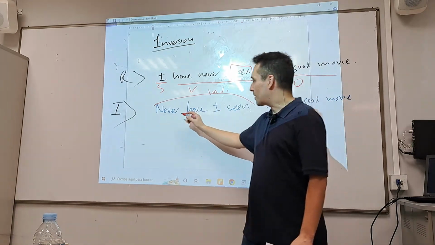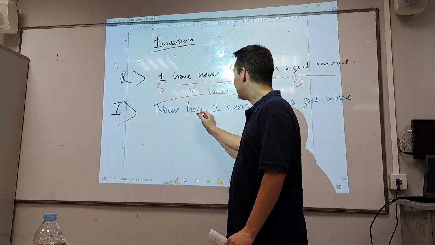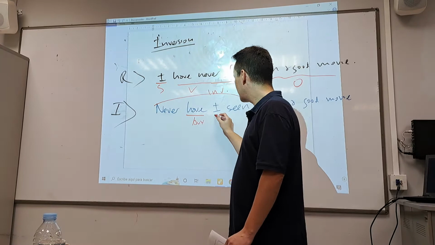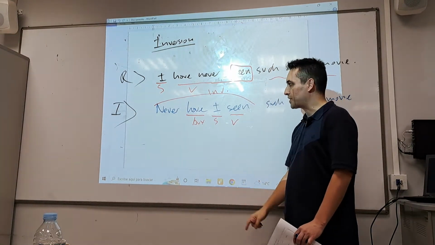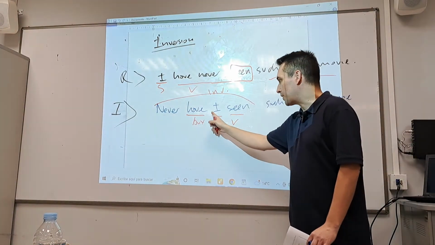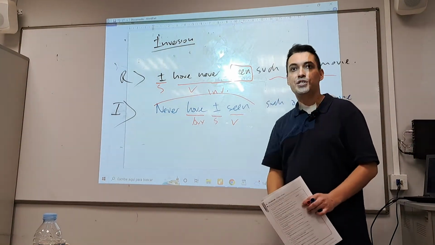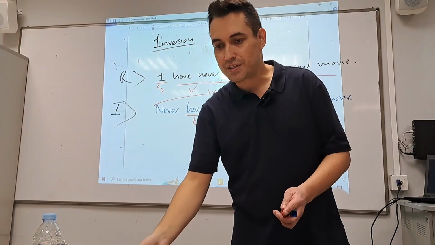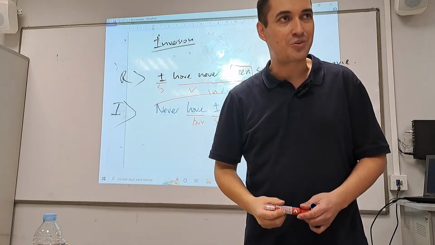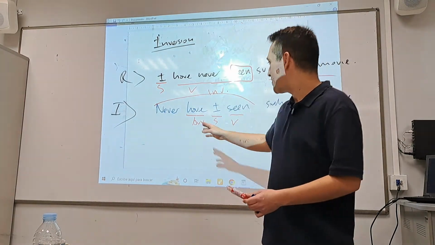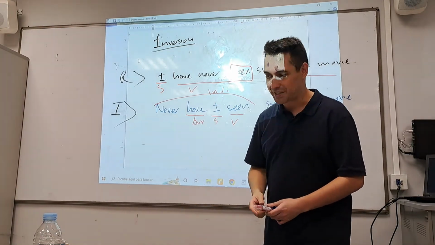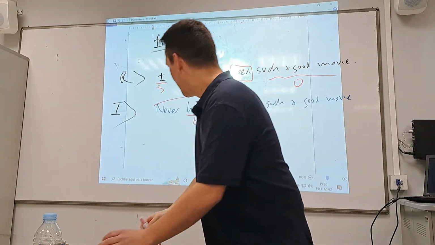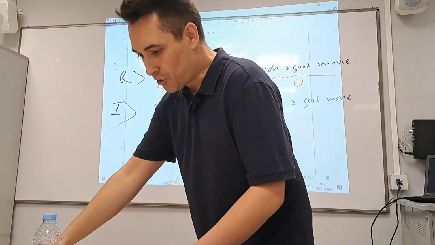What have we done here? Never have I seen. This is the auxiliary, and this is the subject, and then the main verb. So the subject and the auxiliary change position. That is like constructing a question: you put the auxiliary before the subject. That is an inversion.